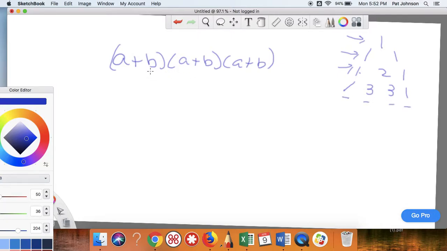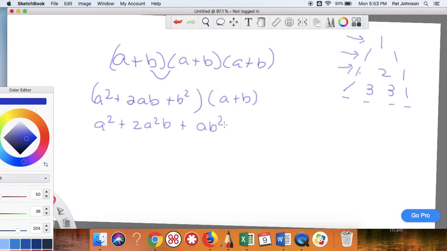So let's just do the FOIL for this. So we get a squared plus 2ab plus b squared. Okay, I did this in my head, and we're not going to spend a lot of time. It's just using the FOIL method, first times first, outer, inner, last. Now I have these two times this. So I'm going to distribute this a. So I'm going to get a cubed plus 2a squared b plus ab squared.